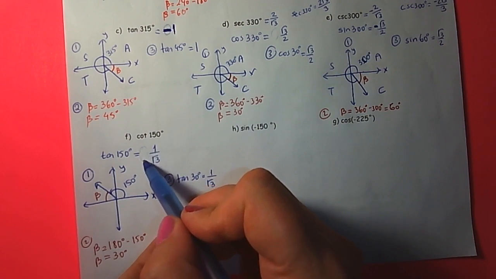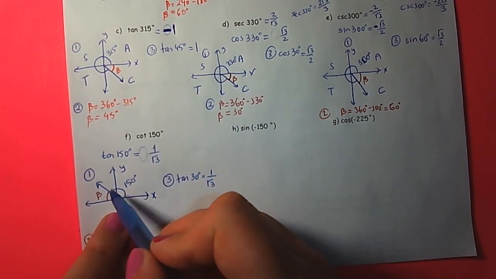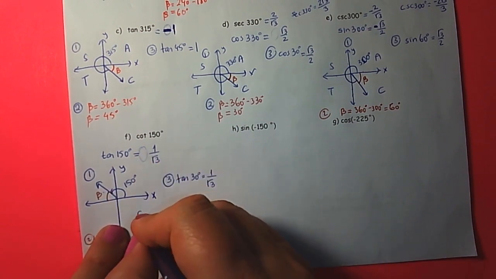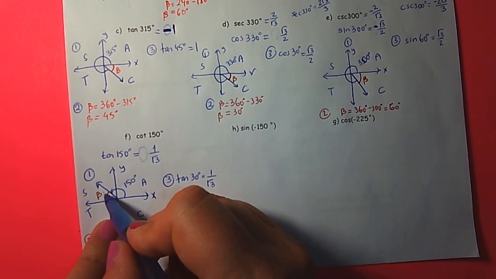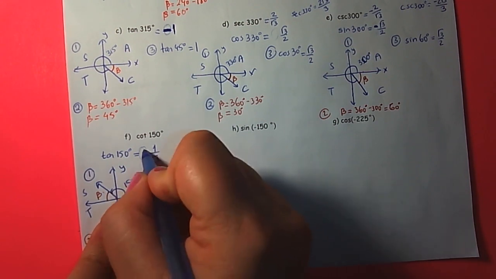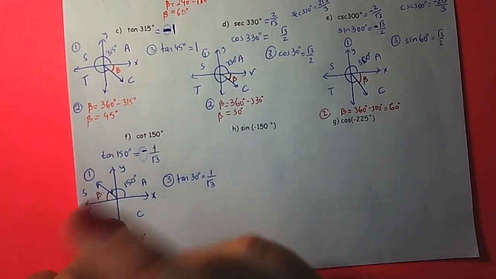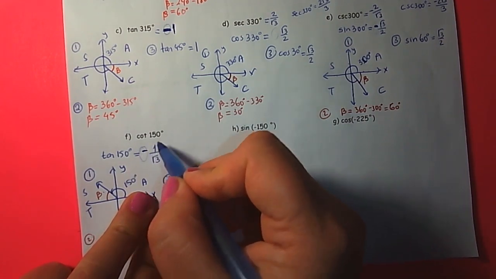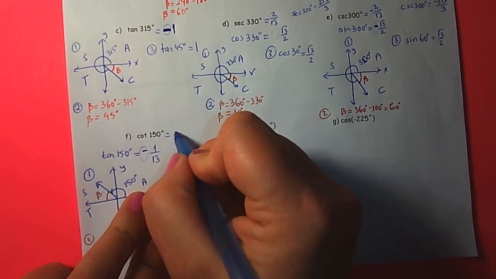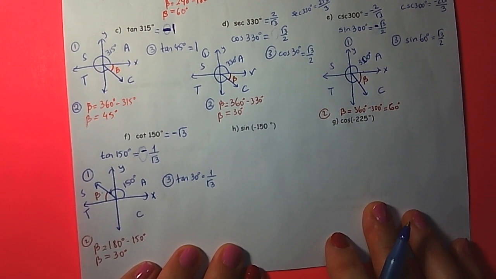Again, let's decide if we need to put a positive sign or negative sign here. So we are in quadrant 2, right, CAST. In quadrant 2, only sine is positive, tangent must be negative. So we have negative 1 over root 3. Cotangent 150 is 1 over tangent 150. So then we just flip this and we get negative root 3 for cotangent 150.